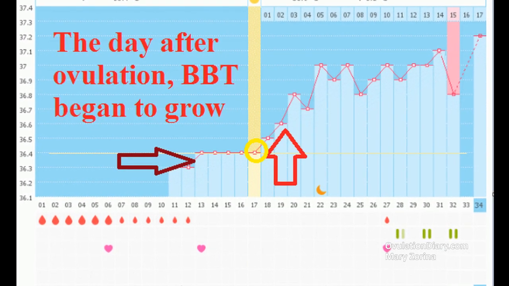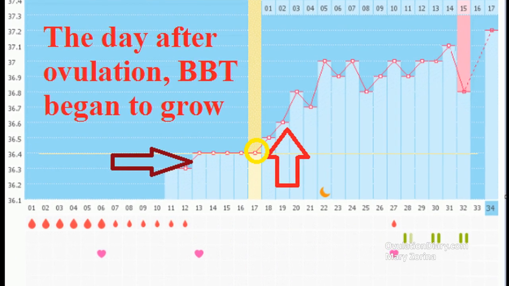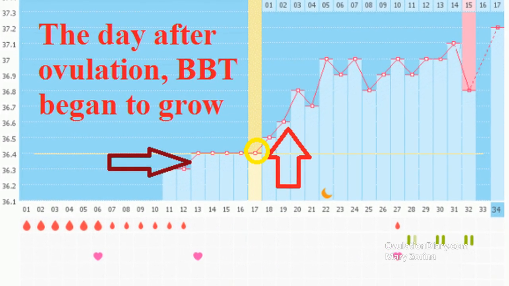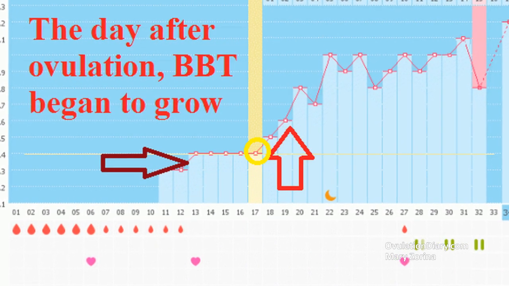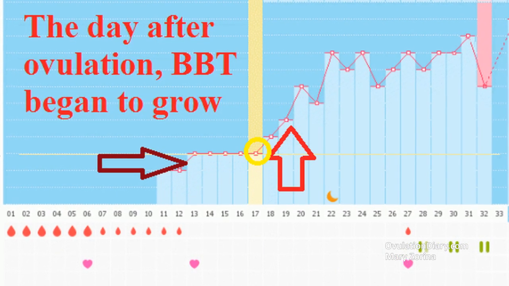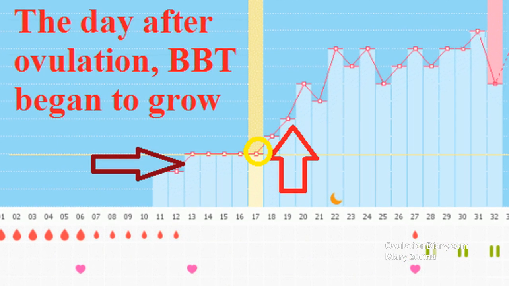And as soon as the temperature starts to go up, the next day after ovulation, controlled planning. More detailed information on reliable methods of ovulation calculation with a regular cycle can be found here. Link to the article is below.